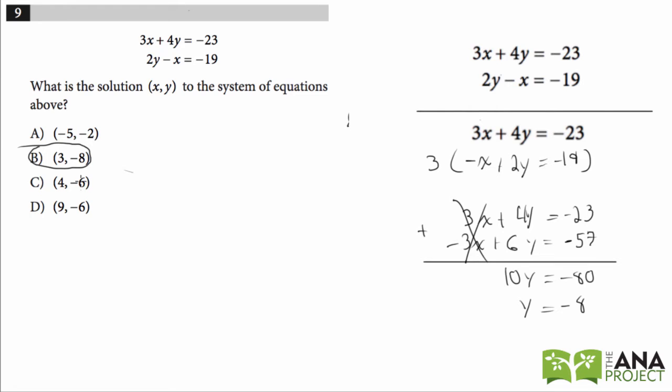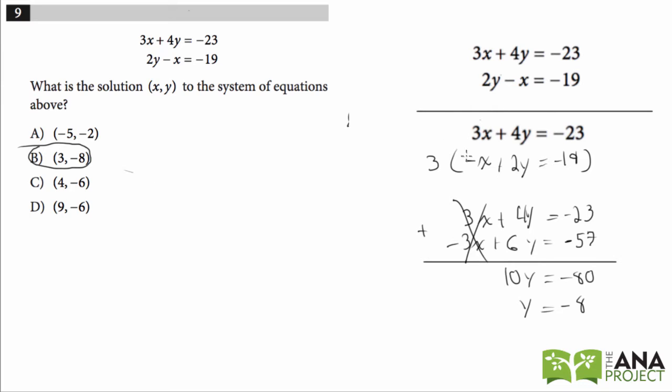The only answer choice where the y is a negative 8 is B. Then if you plug negative 8 back into any one of these equations, you'd get 3 for the x. Why am I not doing that? Because there's only one answer choice with the negative 8, so it has to be B.